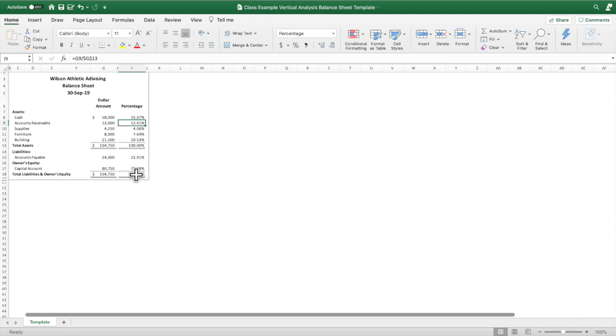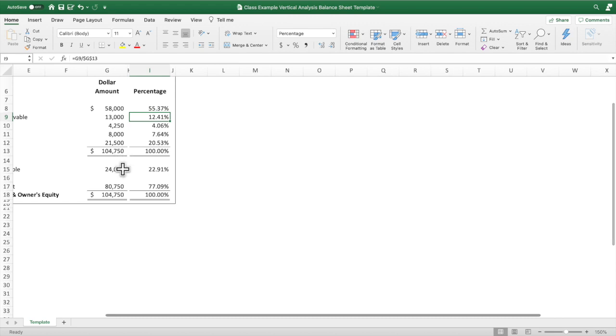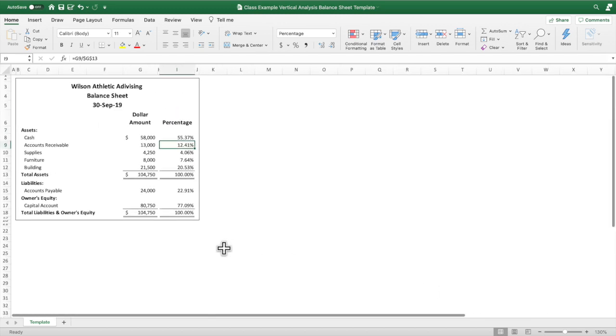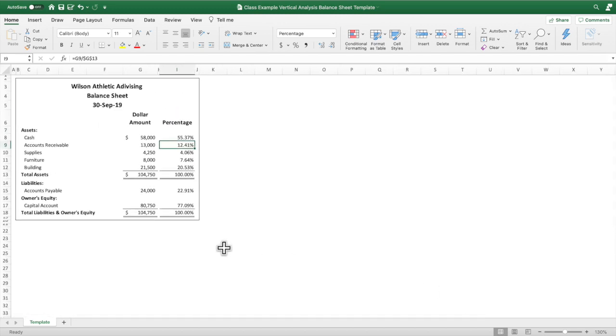So for this example, you have $104,750. That's our base amount. All right, in the income statement, you're going to want to take total revenues as your base figure.